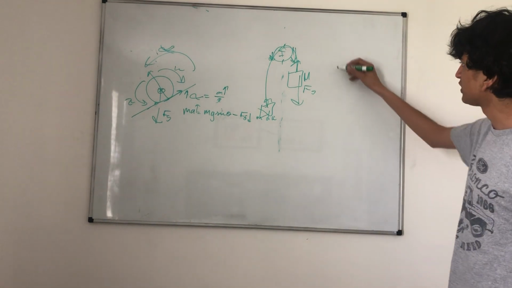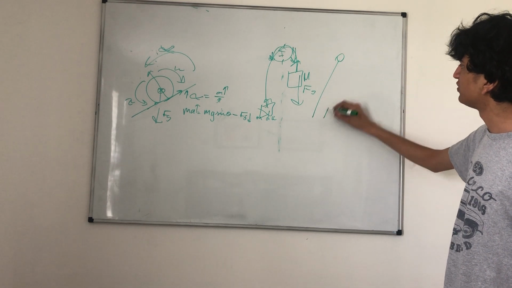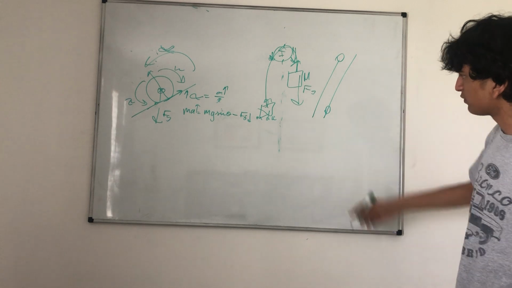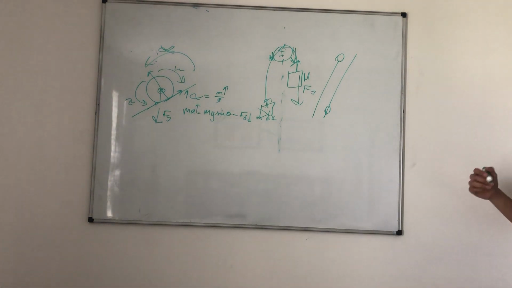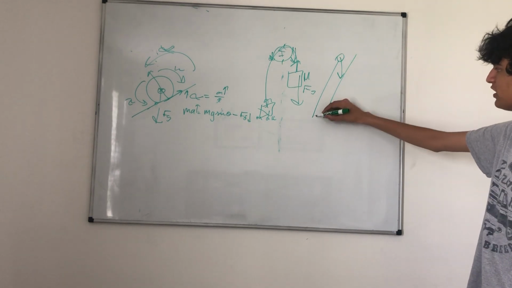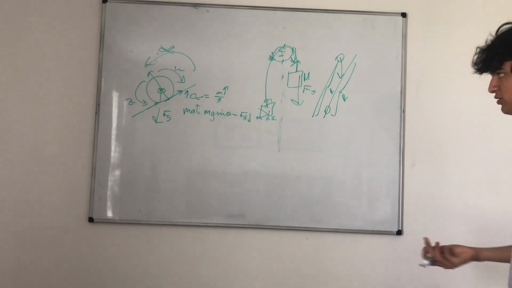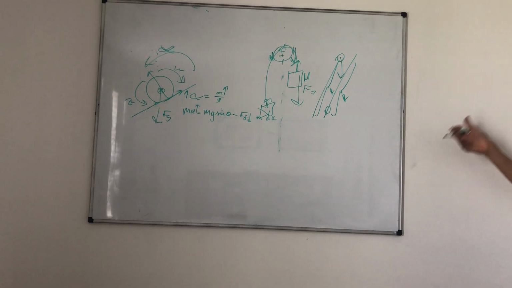A very similar thing can be said about if you had a meter stick with a mass on top versus a meter stick with a mass on the bottom. Which one would drop first? It seems like this should drop first because it has a greater torque, right? Greater distance. But it also has greater rotational inertia because the mass is farther out. Which one's bigger?